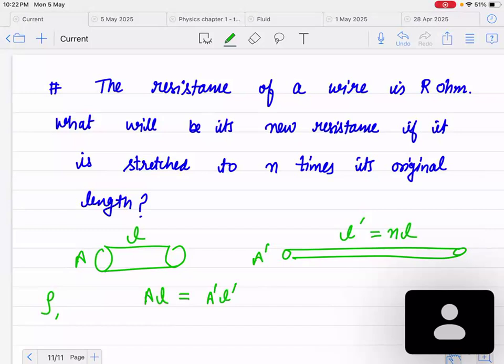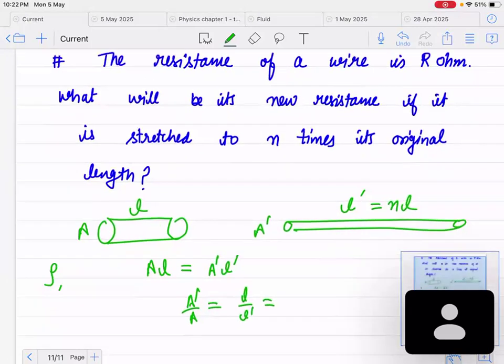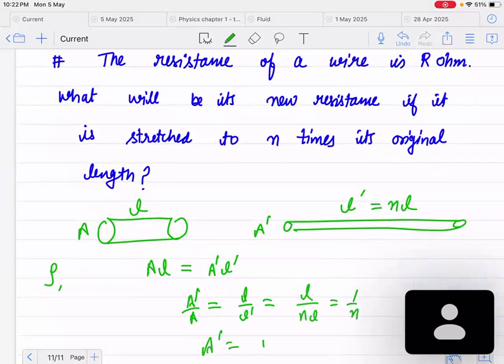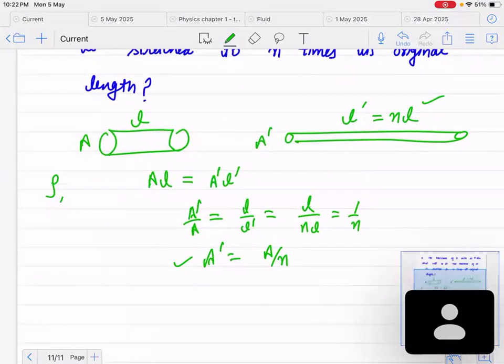It means A upon A prime is L prime upon L, and L prime is nL, so A prime is A by n. It means new area is old area upon n. So it's very easy now. You find the new area, you have the new length, then you can give the answer for the new resistance.